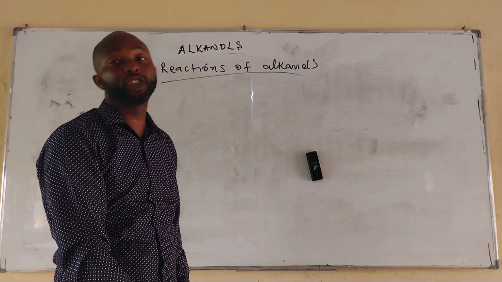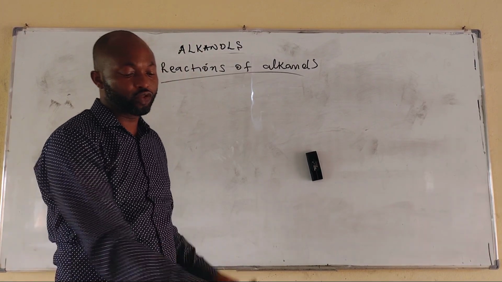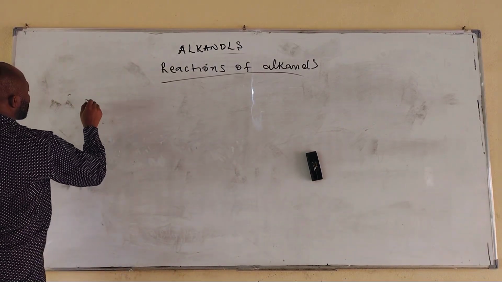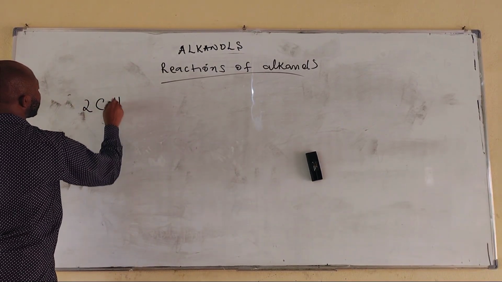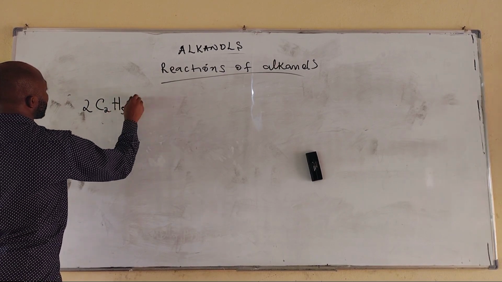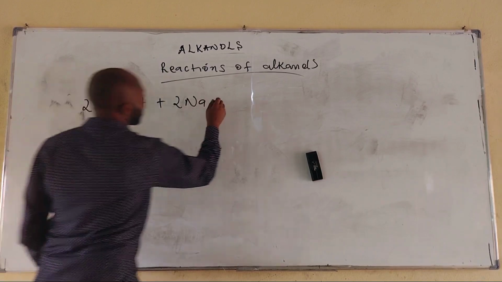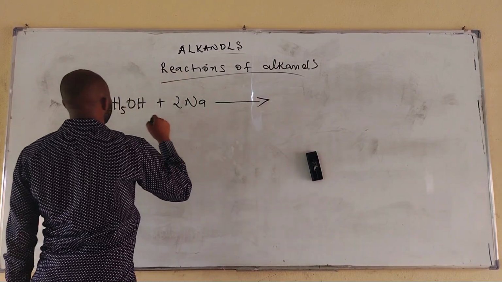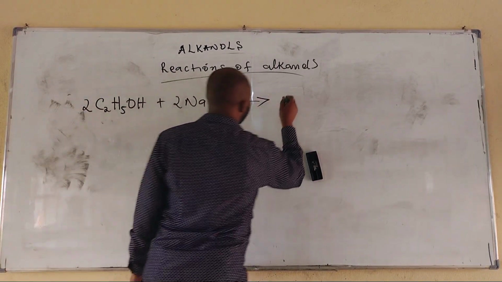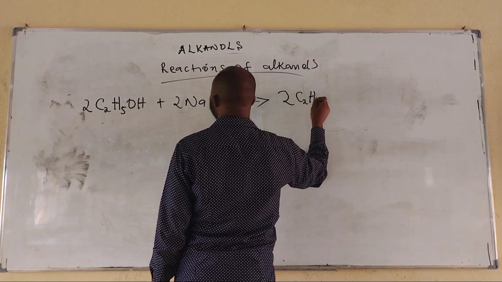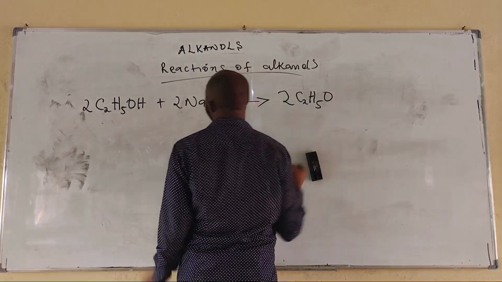Ethanol will react with metals in group 1 and 2 in the periodic table to liberate hydrogen gas. So let's take 2 moles of ethanol, C2H5OH, plus 2 moles of sodium. This will give us 2 C2H5ONa.